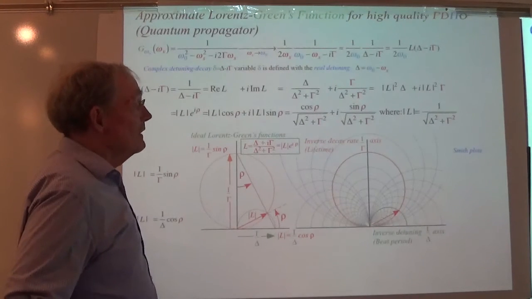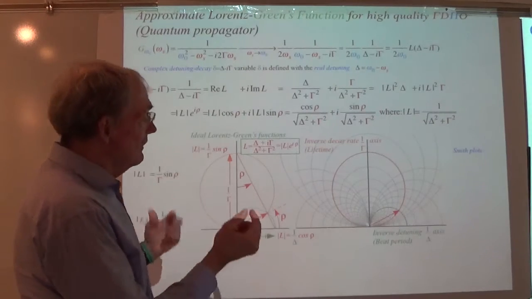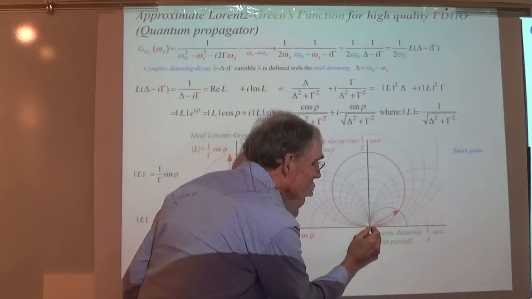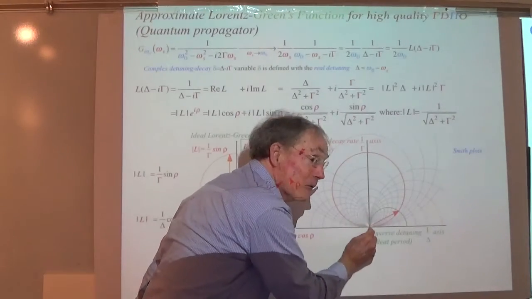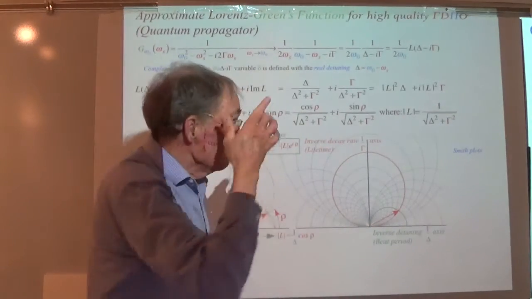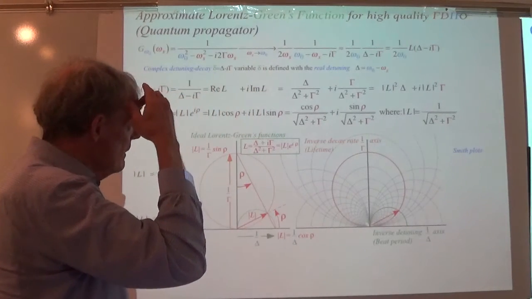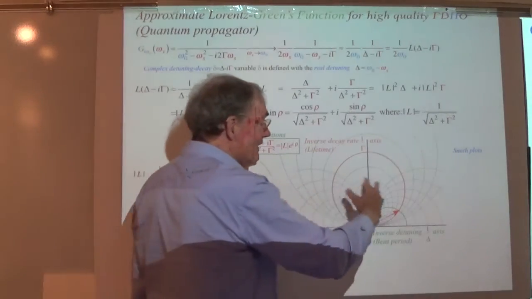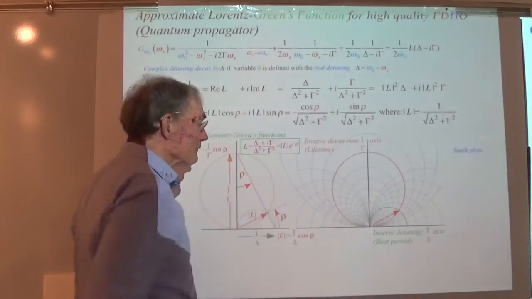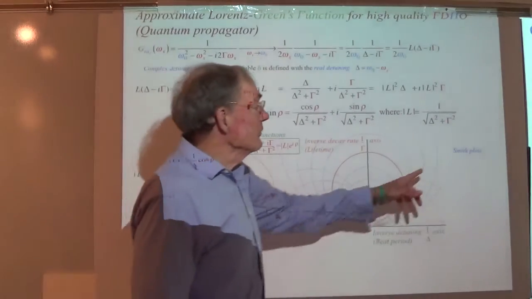This is what the Lorentz-Green's function looks like if you have really high quality and no flat tire that you can see here. That's where the flat tire was, right? We'll look at the flat tire more in plots that come up here. But just for now, I want you to see that this is our dipole function from complex variables. And this is called a Smith plot.